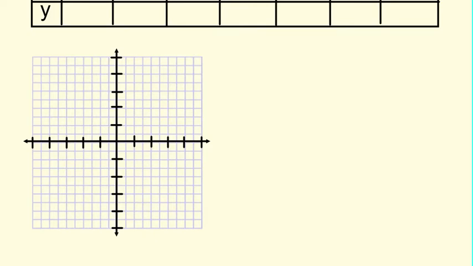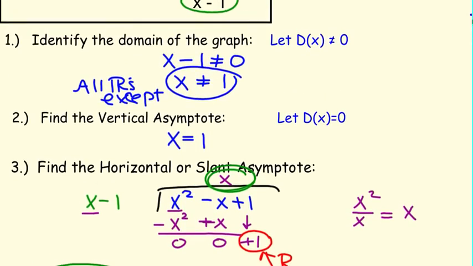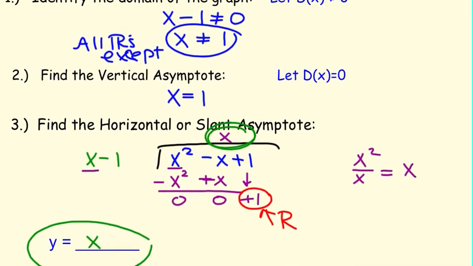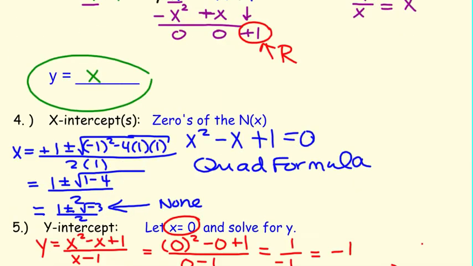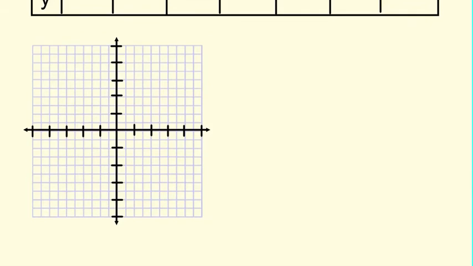So go back up to the top. Look at your asymptotes. You have a vertical asymptote at x equals 1, and then a slant at y equals x. You have a slant asymptote at y equals x.